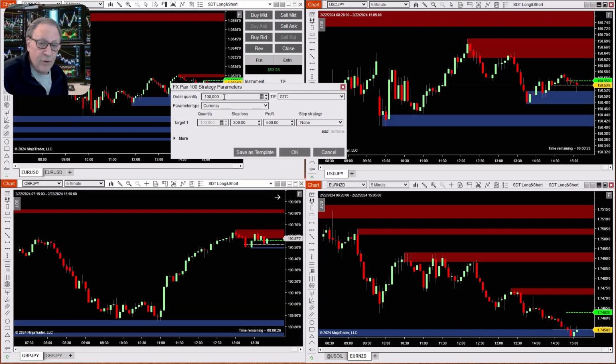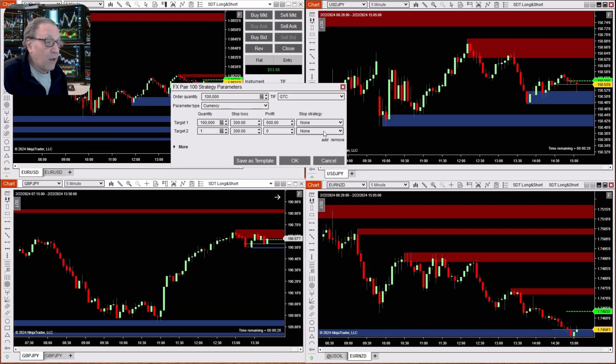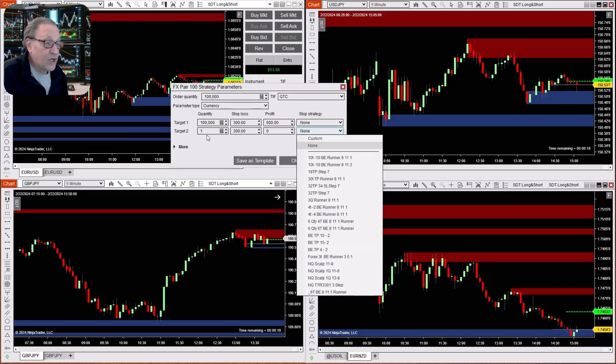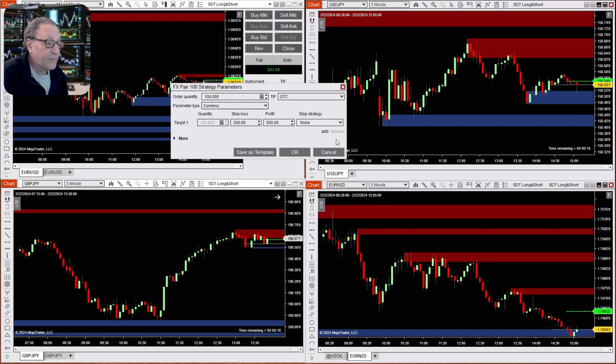Remember, a single standard lot is 100,000 currency units, okay? We can do multiples of those. We just change it to 100,000 in each, okay? And if we put it in currencies, we'll put that in, but we can even use pips to monitor our trades. And then we set the stop loss and the profit accordingly.